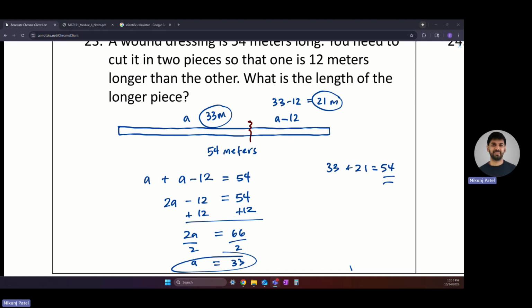That's good. And we want that because we know that the 2 pieces have to add up to 54 and that one of them is 12 shorter than the other one. What's the length of the longer piece? Well, the longer piece is right there, the 33 meters. The shorter piece, if it asks for it, sometimes it might ask for the other one, is 21.